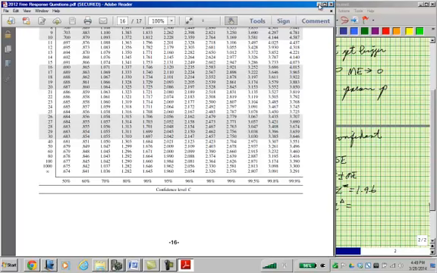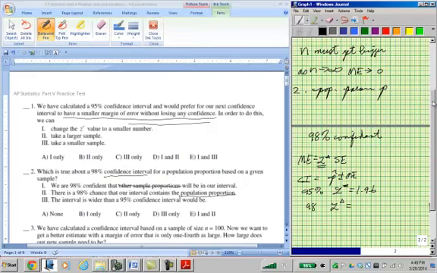So 98% is 2.326. So consequently, a 98% level of confidence can have a z star of 2.326, I believe, which means that the margin of error will be wider. So it will have a wider interval.